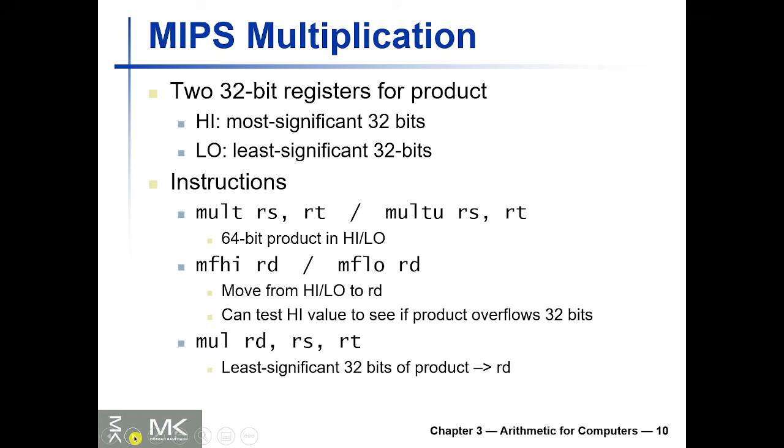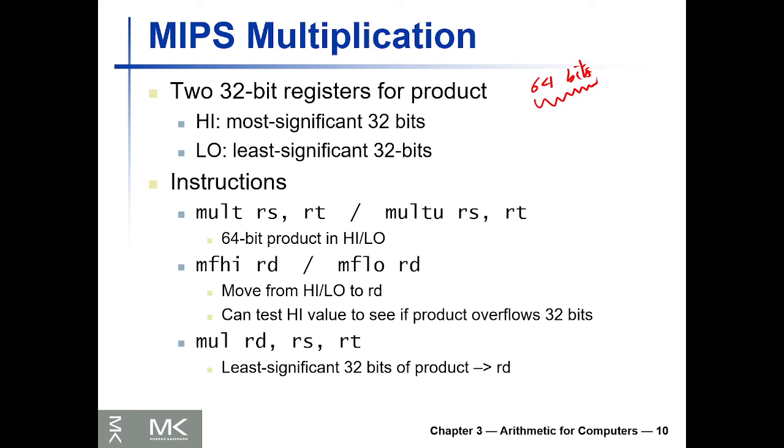Now let's see the instructions that MIPS uses to do the multiplication. We said that any multiplication will result in up to 64 bits, because in MIPS when you multiply two registers, each 32 bits, the output should be less than or equal to 64 bits.